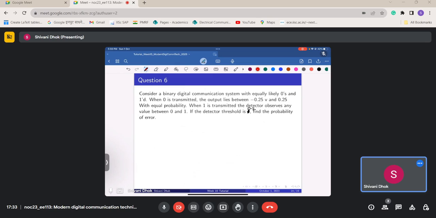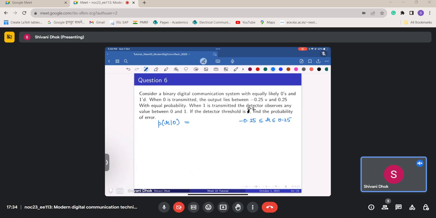So f of r given 0 is equal to, this lies between -2.5 volt to 2.5 with equal probability, which means that this is a uniform distribution.